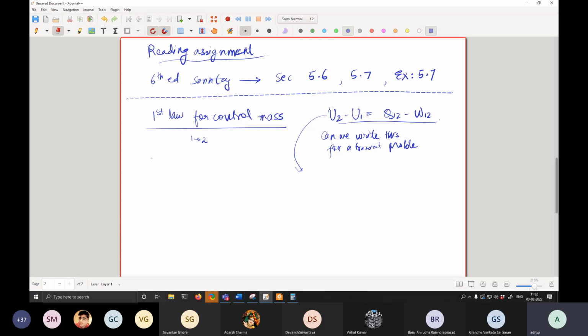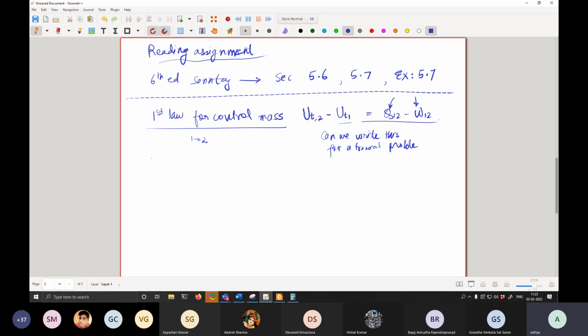Whenever I am writing the first law, it is not entirely true what I have written. There is a small assumption, and we have discussed this briefly. So just to refresh that: the amount of heat added minus the amount of work done by the system will be the total change in energy of the system. So it will be U total at state 2 minus U total at state 1.